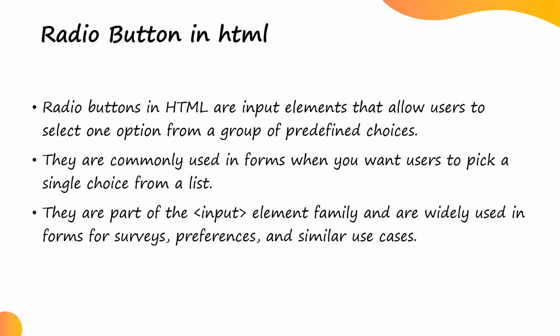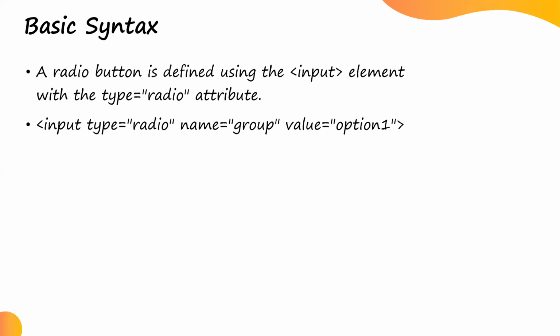So now the basic syntax: a radio button is defined using the input element with the type radio attribute. It can also have a name to group it, just like we had for the checkbox, and it can also have a value.